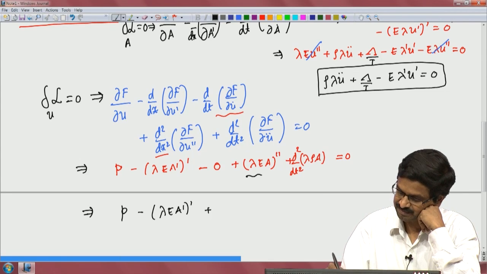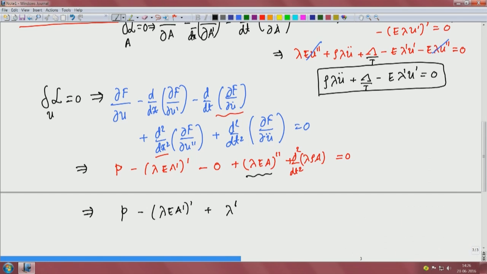If I expand this, that is going to give lambda prime E A prime plus lambda E A prime prime plus rho and A do not vary with time, so the second derivative will only be lambda double dot, equal to 0.